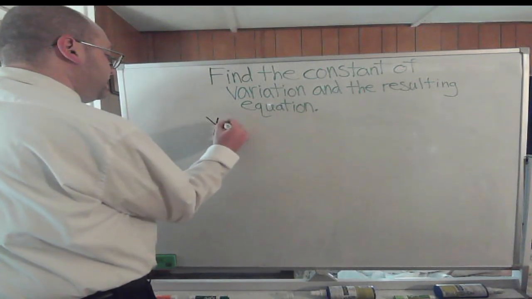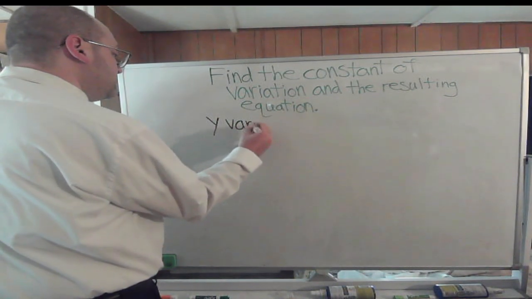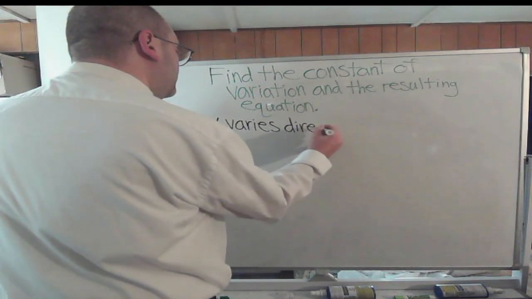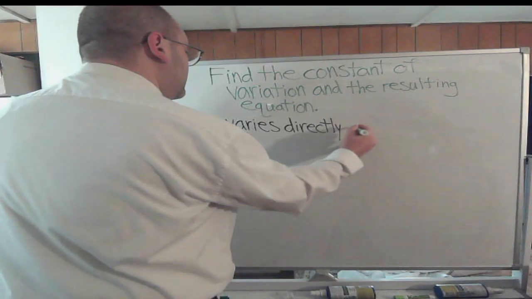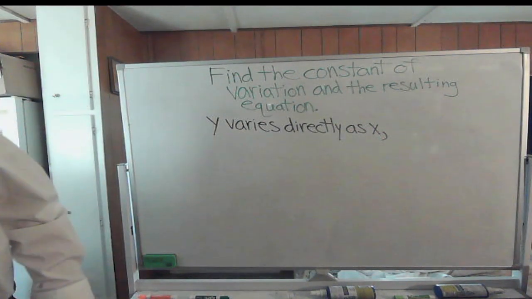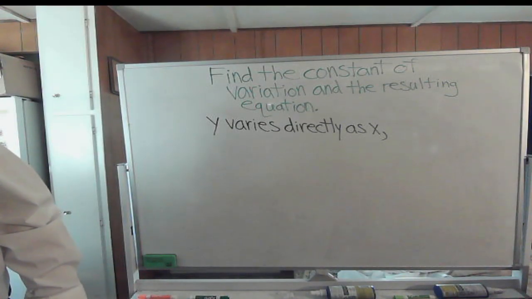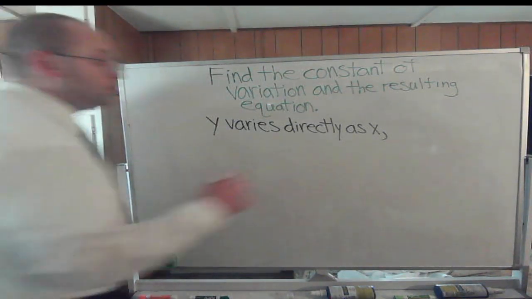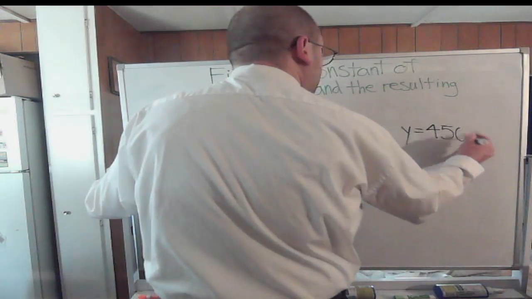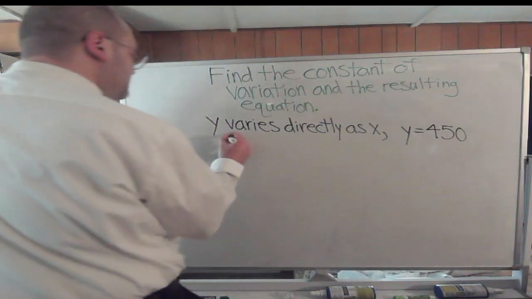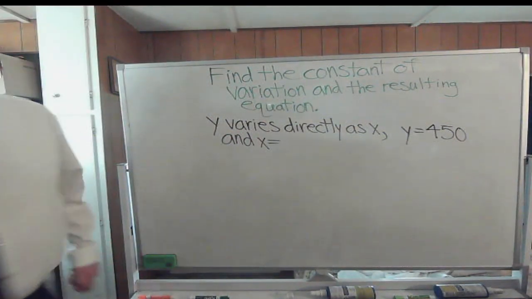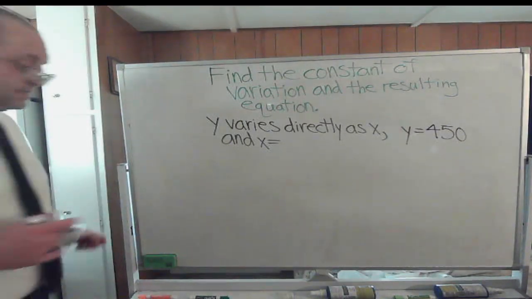Let's see. Y varies directly as X. Y equals 450 and X equals 6.